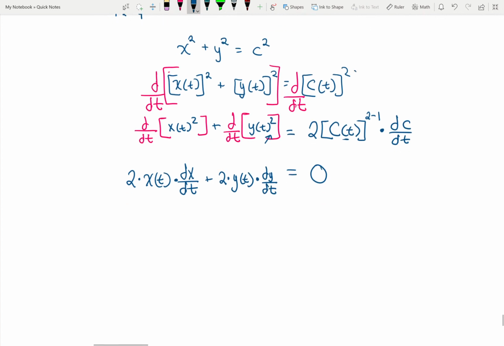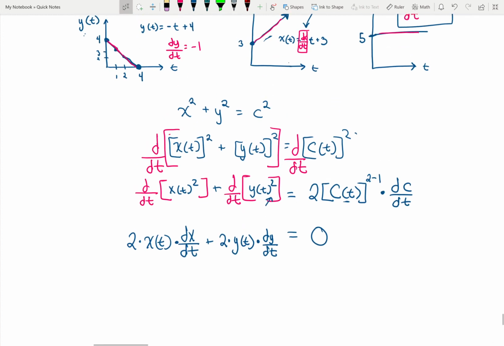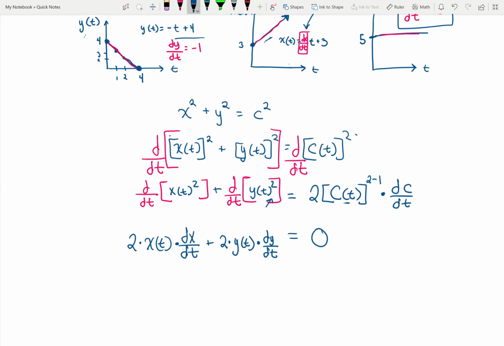Okay, so let's start plugging in things that we know. They told us that dy/dt is -1, so we can definitely fill that in. And we can pick any point from this graph for x and y. Just make sure their times are matching up.